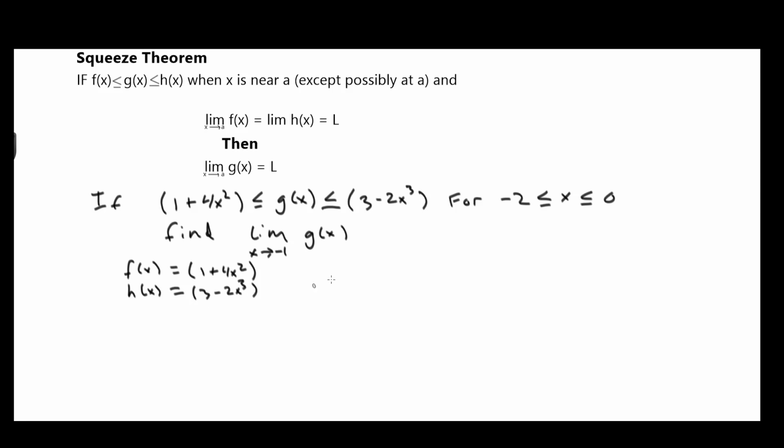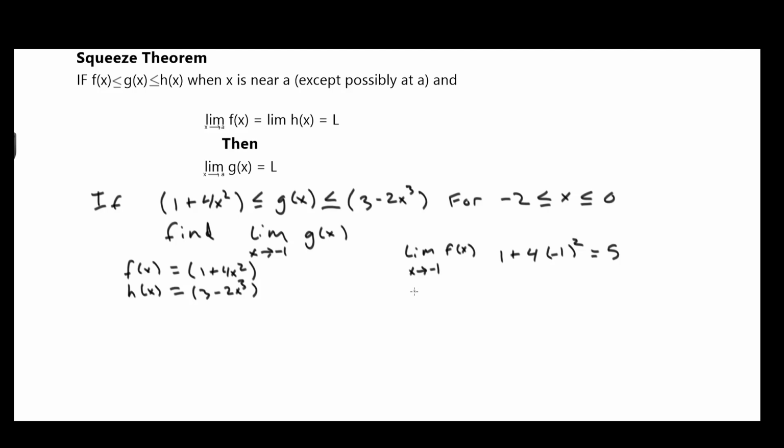So let's go ahead and do the limit for function f of x. At -1, we have 1 plus 4 times -1 squared, and we end up getting an answer of 5.